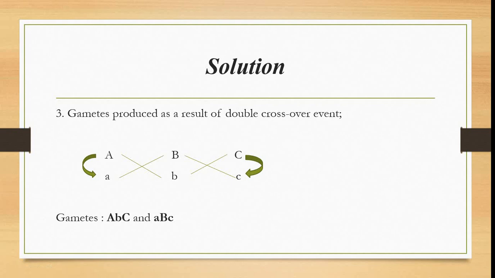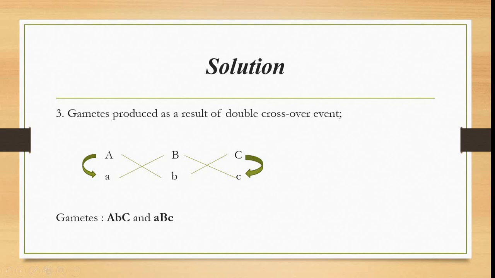But if they were mutually exclusive events, then crossing over cannot occur between gene A and B when it's occurring between gene B and C, and vice versa. Since there's independence, both occur at the same time.